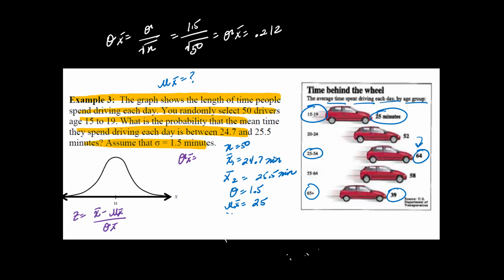Now that I have this newfound information, let's plug it in. This is your Z1, because you're going to have two different z-scores, given that they have two X bars. Your Z1 corresponds to X bar 1, so that's 24.7 minus μ X bar, which is 25, divided by the standard deviation of X bar, which is 0.212.